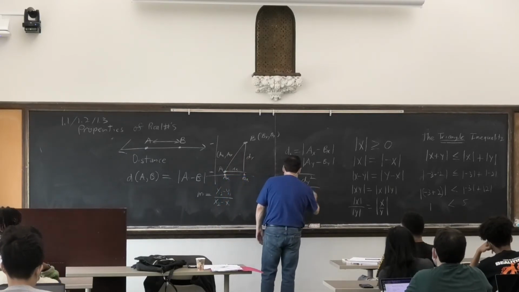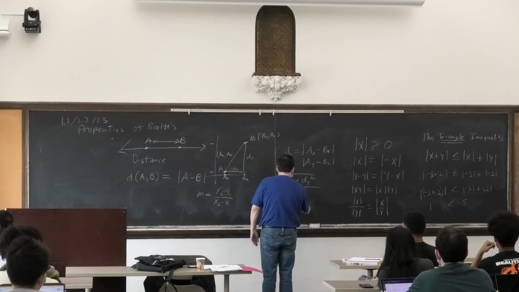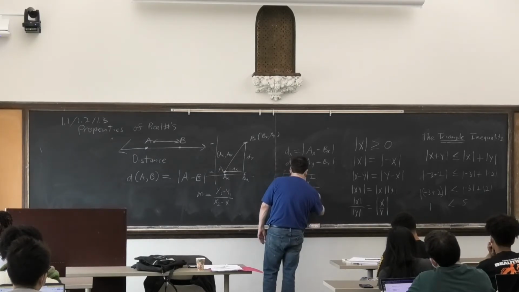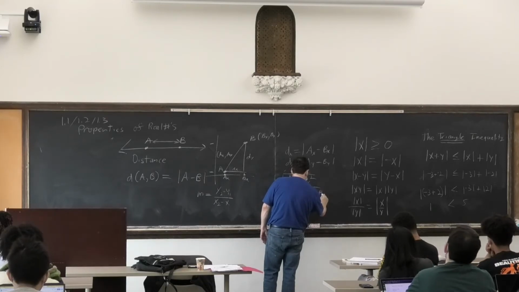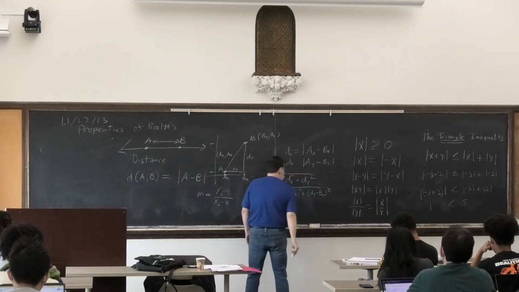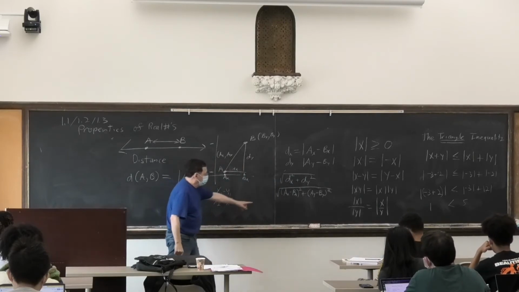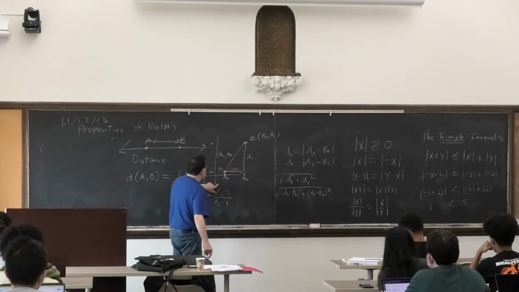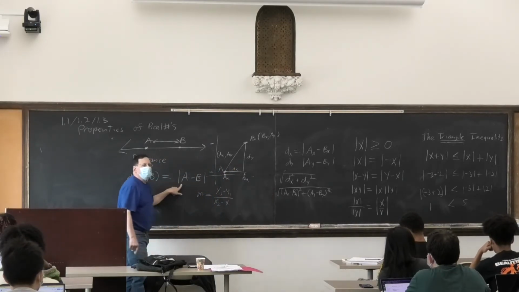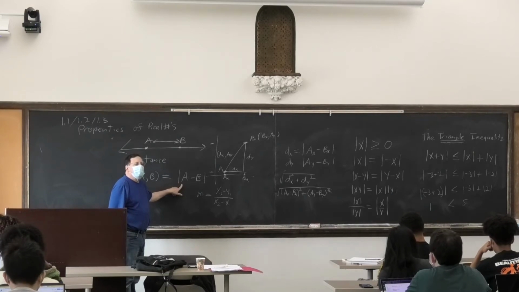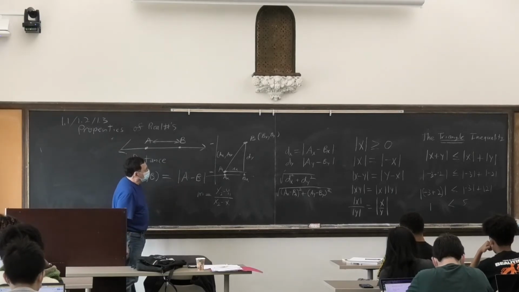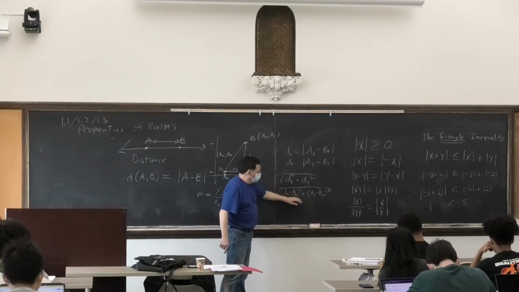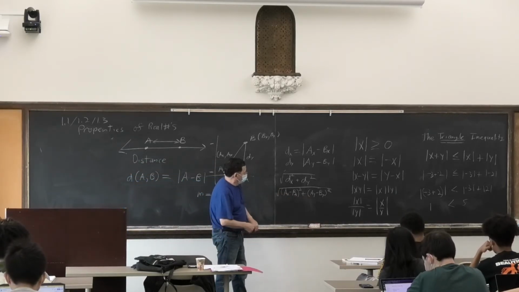So this becomes AX minus BX squared plus AY minus BY squared. Okay. Distance in 2 dimensions, distance in 1 dimension. And we don't have to go there. You can extend this pretty easily to 3 dimensions or 4 dimensions if you need to. Okay.